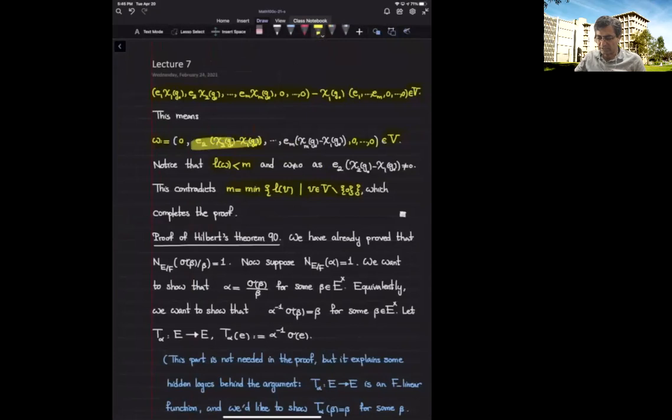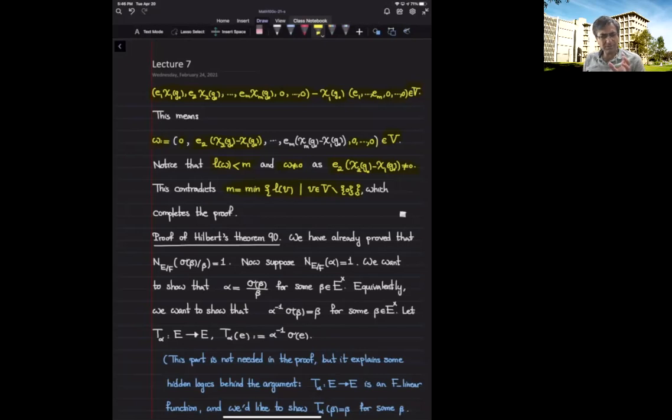So this component is non-zero, therefore W is not 0. That's a contradiction. I found a non-zero vector inside V that has length less than the minimum. So I reached a contradiction. This finishes the proof of Dirichlet's independence of characters.